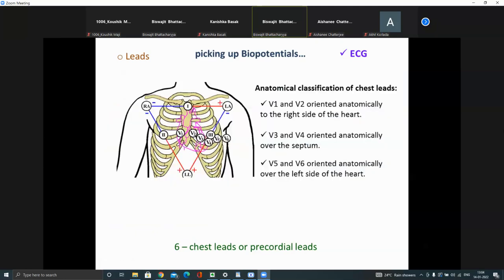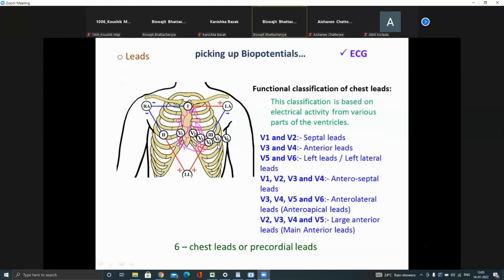Our Einthoven triangle is shown, and the different precordial leads are also shown this particular way. The lead descriptions are given here, and their anatomical position references are shown here.